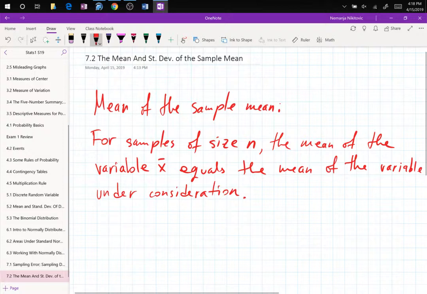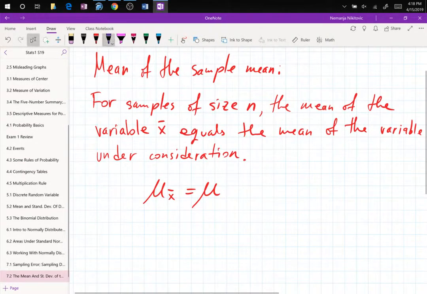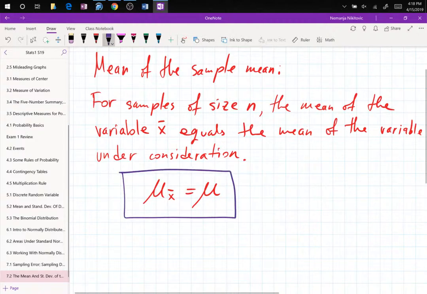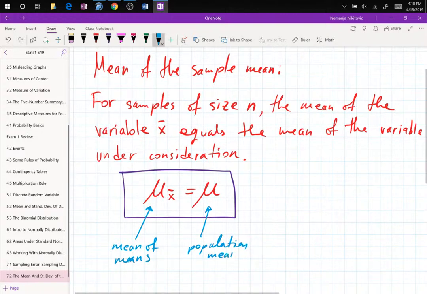The formula says that the mean of means is equal to the mean of the population. So I'm going to box this. This is what we discovered last time. I'm just going to point arrows into this and say, this is your mean of means, and this is your population mean.